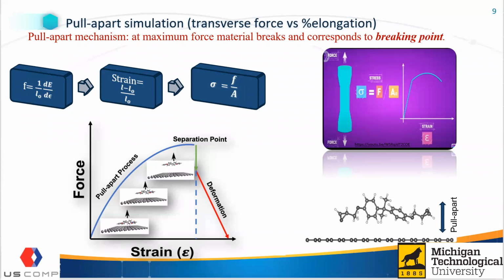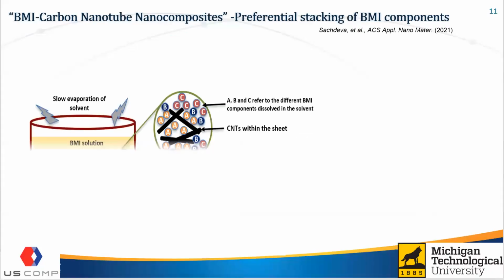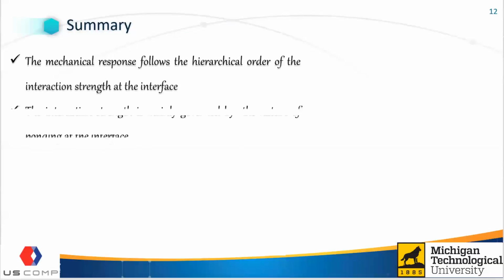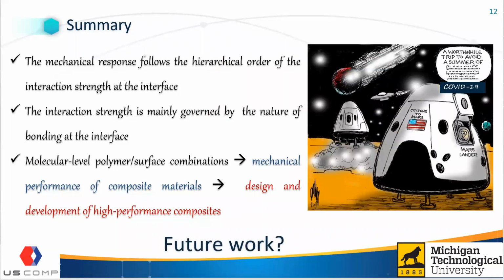My question was more towards the end of your presentation. If you could mention more about your future work and how you see your research contributing to Mars exploration and voyage. Yeah, so basically this project is to study different materials computationally. I am studying 4 or 5 different monomers' interaction with graphene, and then I'll provide this data to the macro level people who are studying these composite materials.